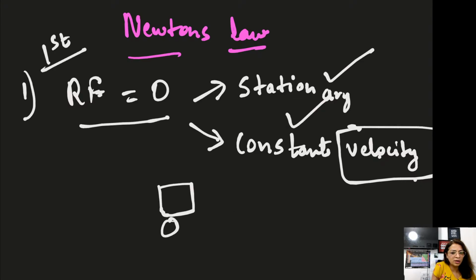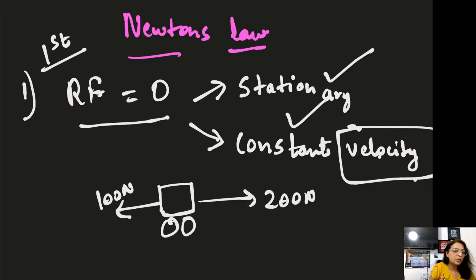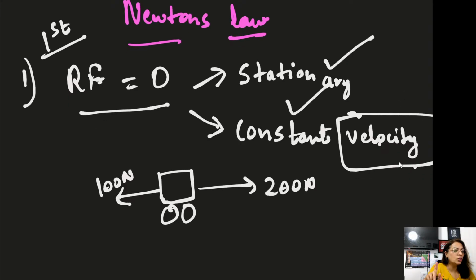Help me with this. An object, a car: the forward force is 200 Newton, the backward force is 100 Newton. Is this object stationary, at constant velocity, or accelerating? Type in the chat. Do not sit and stare at the screen.